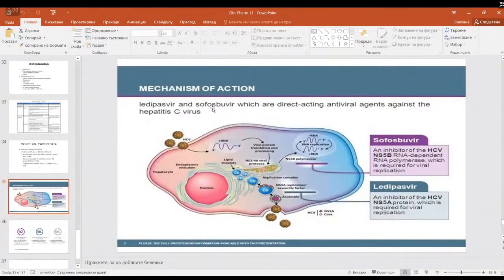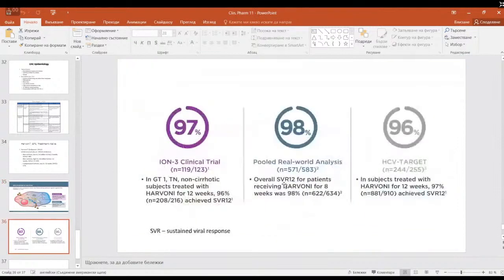Here you can see the mechanism of action of these two drugs against the hepatitis C virus. You can see that here the RNA replication is stopped due to the action of sofosbuvir and ledipasvir.